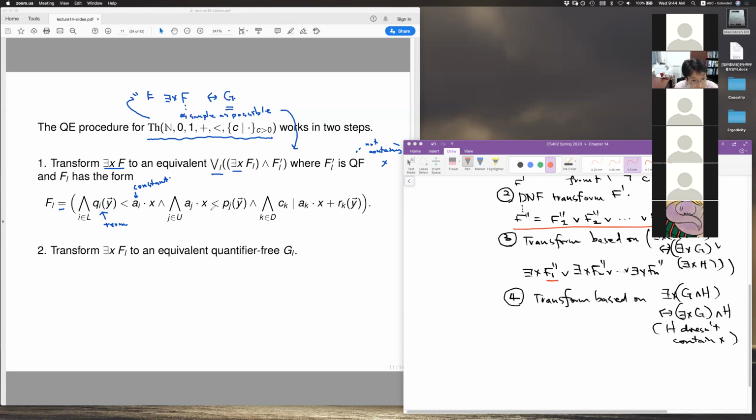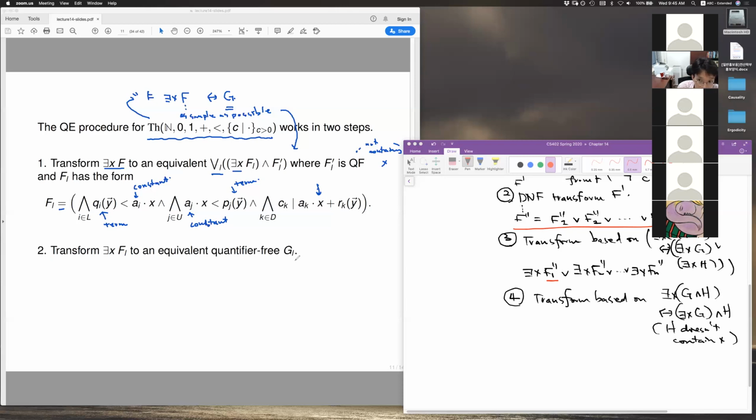Another possibility is that a_j X appears on the left-hand side of this less-than, so again this is a constant and this is a term. The last case is where we have a divisibility predicate and X appears in the predicate, with a_k copies of X.